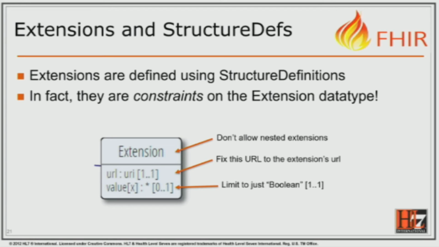And that codable concept is bound to such and such a value set. So you define something new, a new extension that only exists in your use case, by putting a constraint on the base FHIR data type called extension.